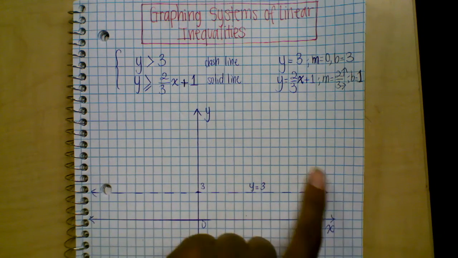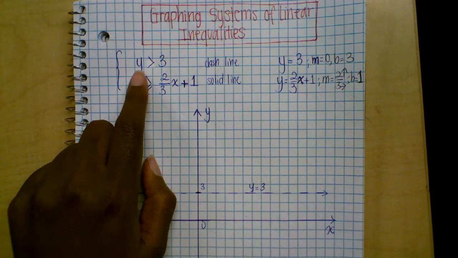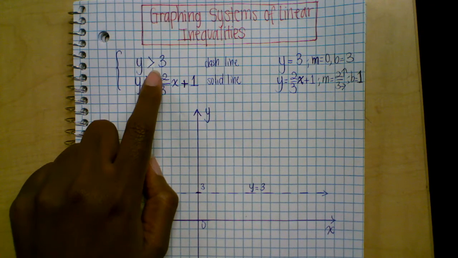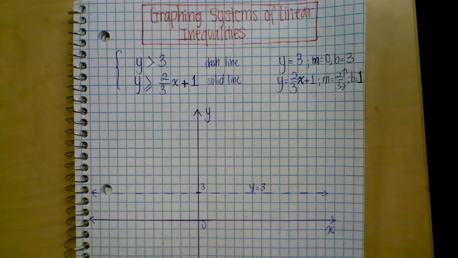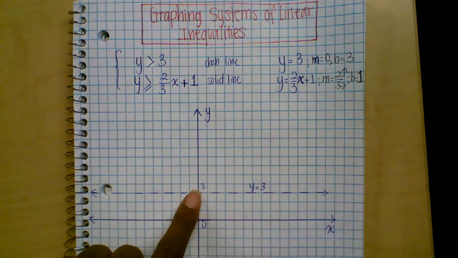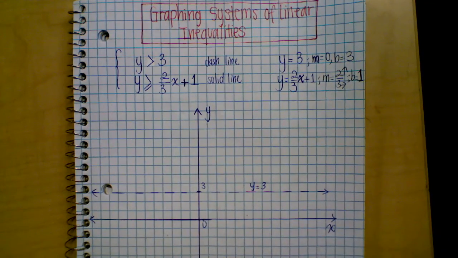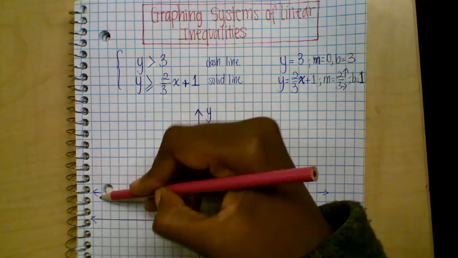Now I need to identify the solution region. This inequality says that y is greater than 3. So look on the y-axis. Where do you have y values greater than 3? Is it going to be below 3 or above 3? It should be above 3. Bravo.